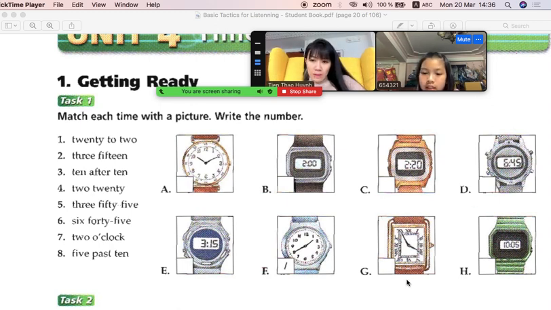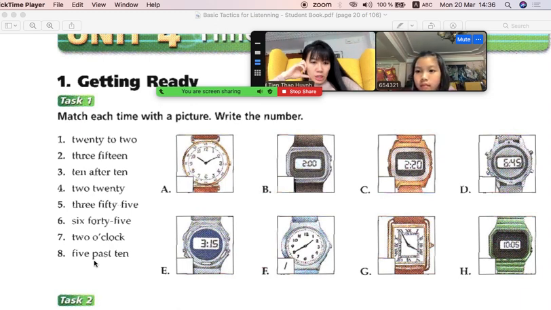Next one. Number 7 is B, 2 o'clock. Yes, B, 2 o'clock. Number 8. G, 10:05, 5 past 10.